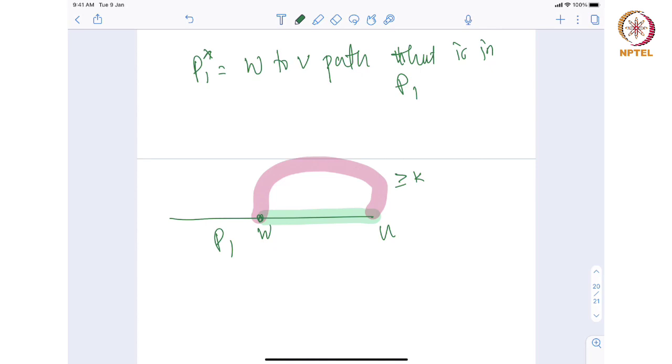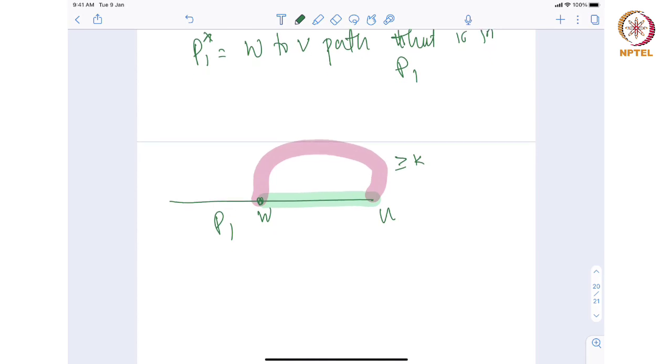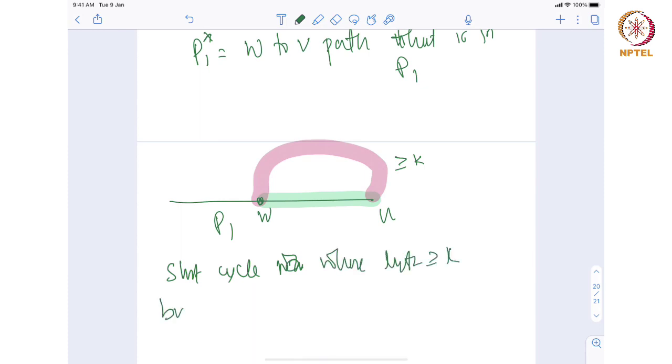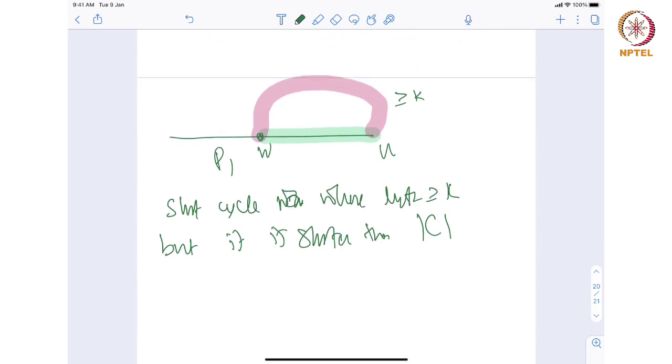We have been able to show that here is a short cycle whose length is greater than or equal to k, but it is shorter than mod C that we started with.